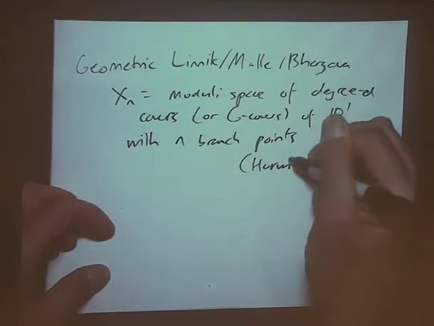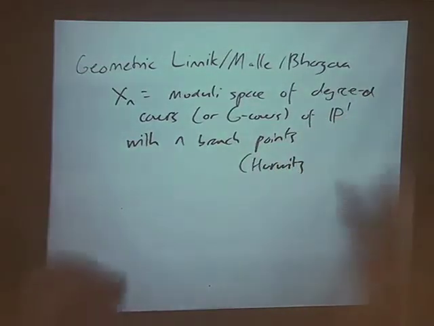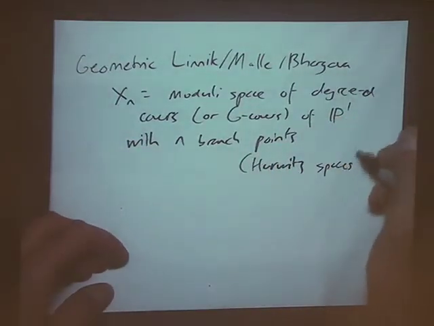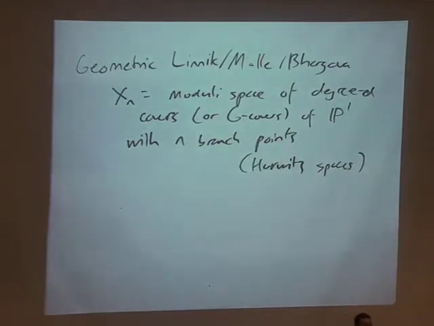And these moduli spaces are ones that are certainly already studied in algebraic geometry. They're called Hurwitz spaces. So again, proving stable cohomology theorems for these kinds of varieties would be, in some sense, a geometric version of these Linnik-Malle-Bhargava conjectures.